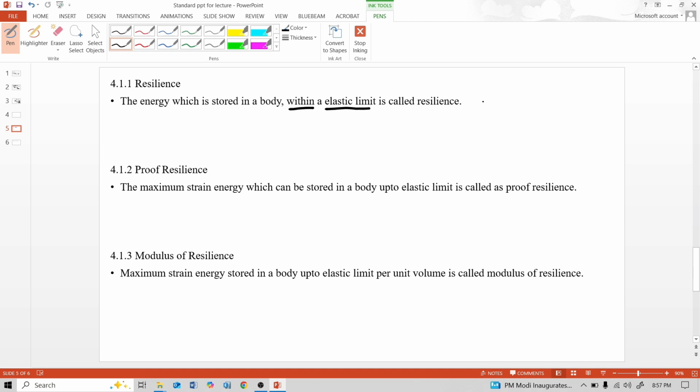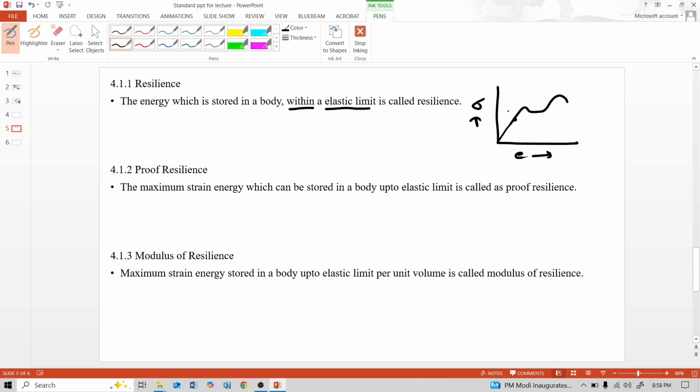Consider this as the y-axis and this as the x-axis; on the y-axis is stress, and on the x-axis is strain. The stress versus strain graph for mild steel is like this, up to this proportional limit, up to this elastic limit, and like this.